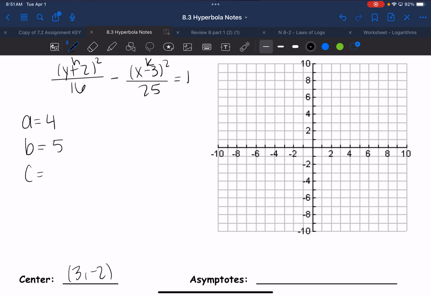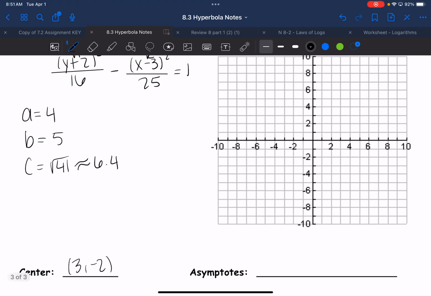So c is going to be square root of 41. Again, not going to be a perfect square root, but it falls in between 36 and 49, so it's got to be approximately 6 point something, right? Again, I'm not going to be checking your graph to see if you're closer to one number than the other. So as long as you give me a decimal in that range, you're good.